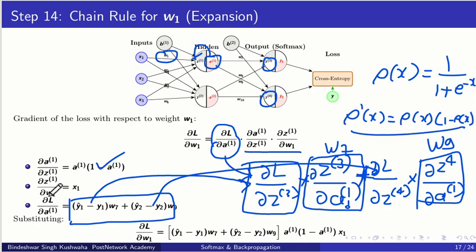Here it is very simple, Z1 is a function of W, so we will get x1. So this long chain you will get for del L upon del W1, and these values we have already computed, so we can plug them in and get the gradient of the loss function with respect to W1.